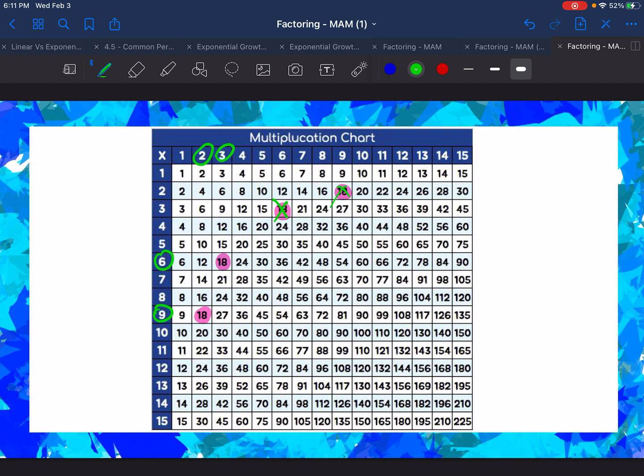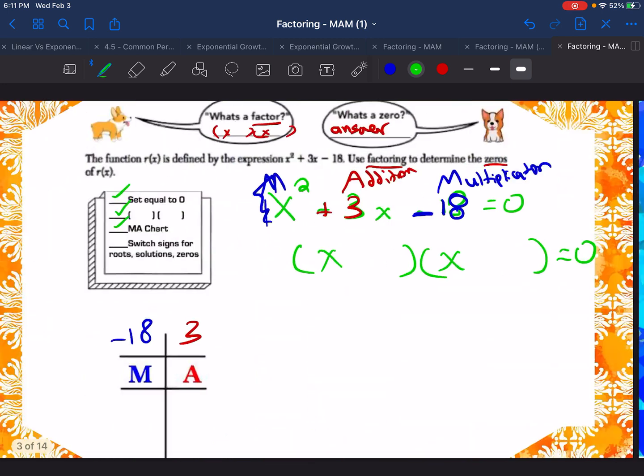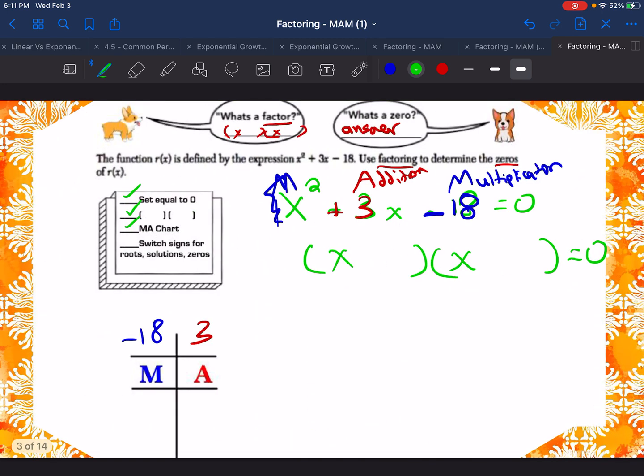These two will give me the same set of numbers. So we got 6 and 3, 9 and 2, pick a pair. I'm going to start with 6 and 3. Now, 6 and 3 multiply to positive 18, so I just need to make one of them negative because a negative times a positive will equal a negative. If you don't believe me, check that in your calculator.